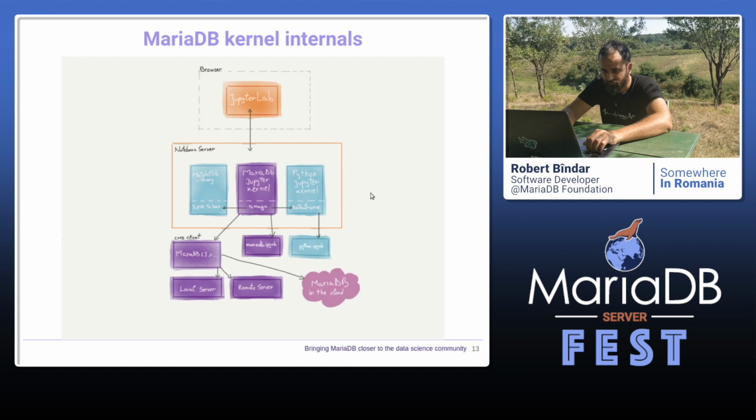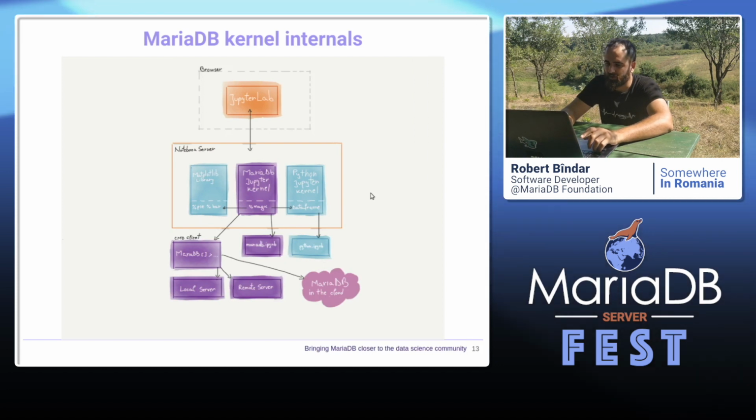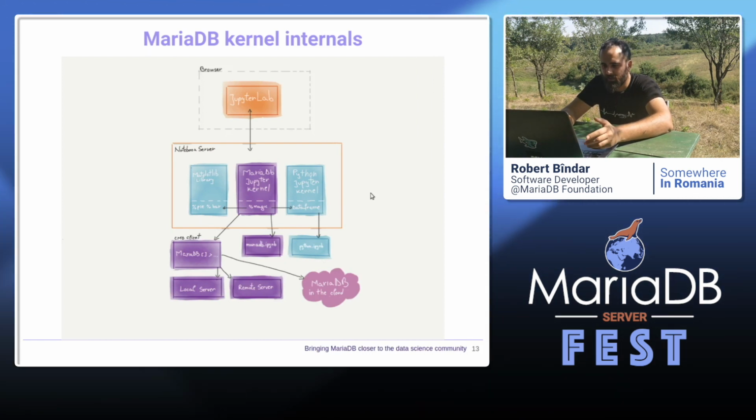For code messages, for instance, the MariaDB kernel parses the payload and determines which parts of it contain SQL code and which parts contain magic commands. To execute the SQL code, the kernel performs some preprocessing, connects to the MariaDB server running somewhere, sends the code for execution, and gets back the result.